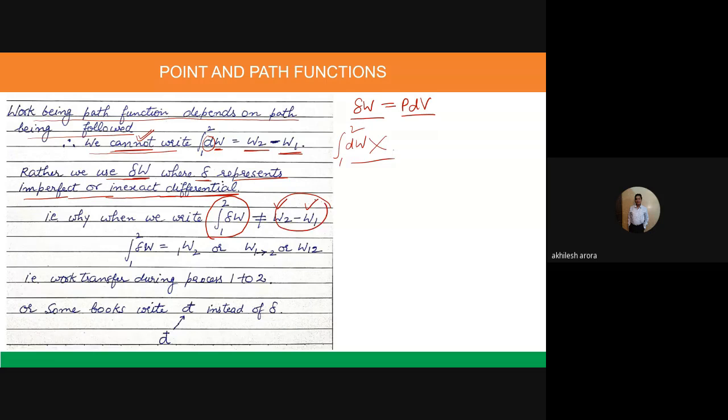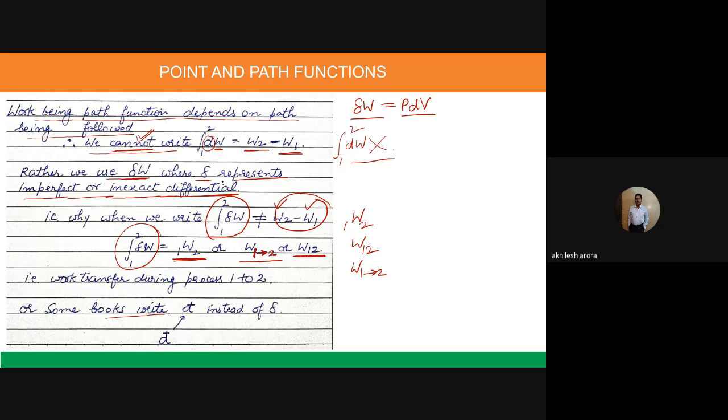Rather, we write the integral of delta w from 1 to 2 as W1-2, or we can also write it as W for the process 1 to 2. These are the three ways in which we can represent the work transfer.